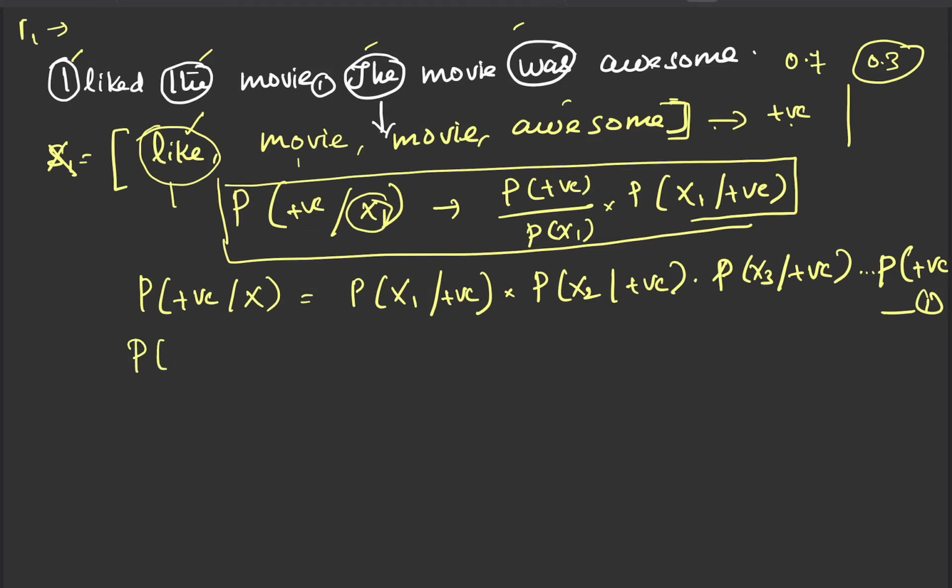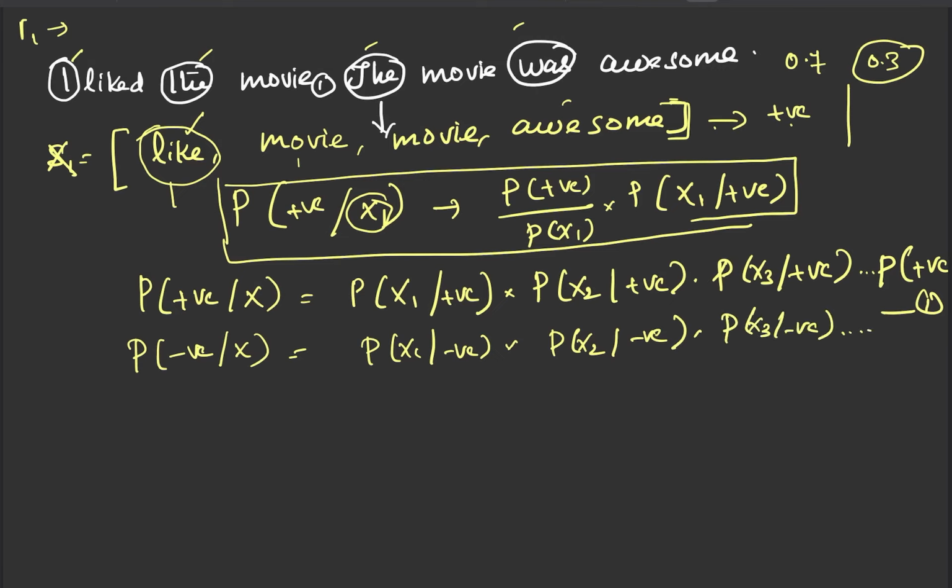It is just the same formula, replacing all these positive probabilities with negative ones. So, the probability of negative given it has x is equal to the probability of x1 given it is negative, into the probability of x2 given it is negative, the probability of x3 given it is negative. Then finally the probability of the negative class.